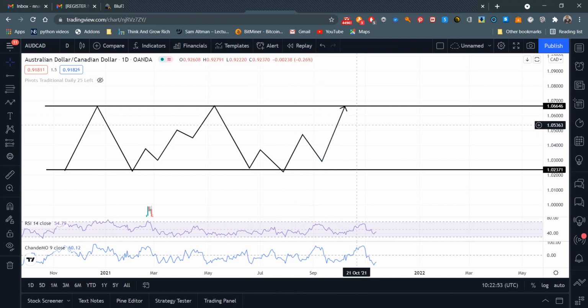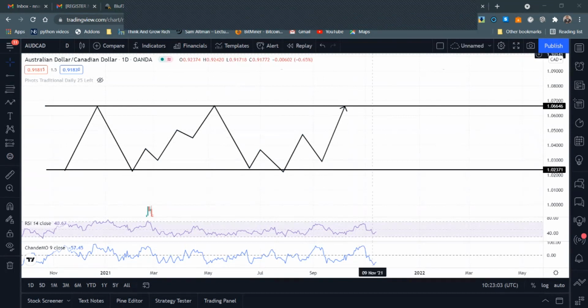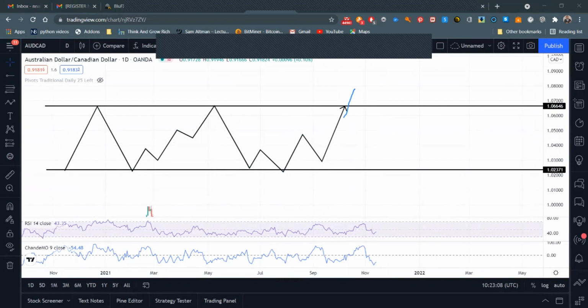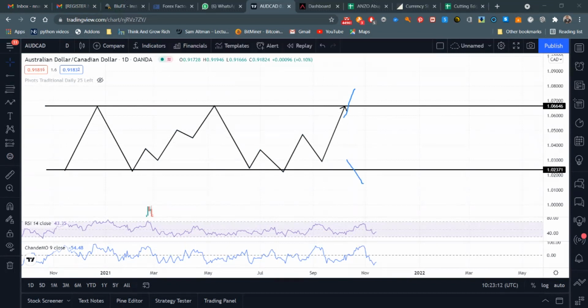However, there are times where the market is done reacting to this area, and then price would break above either the resistance or support area and continue to move. Those situations where price breaks above resistance or breaks below support is what we call a breakout, right?